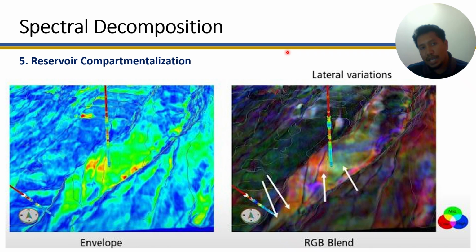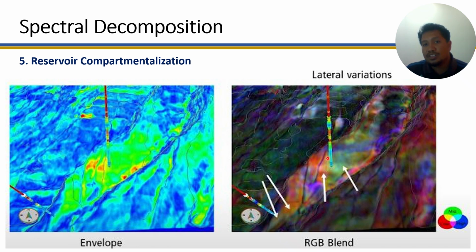So what we have here is the Skua Barrow reservoir from the northwest shelf of Australia. We can see on the left hand side an envelope volume where we can see this nice high amplitude response that corresponds to our reservoir.